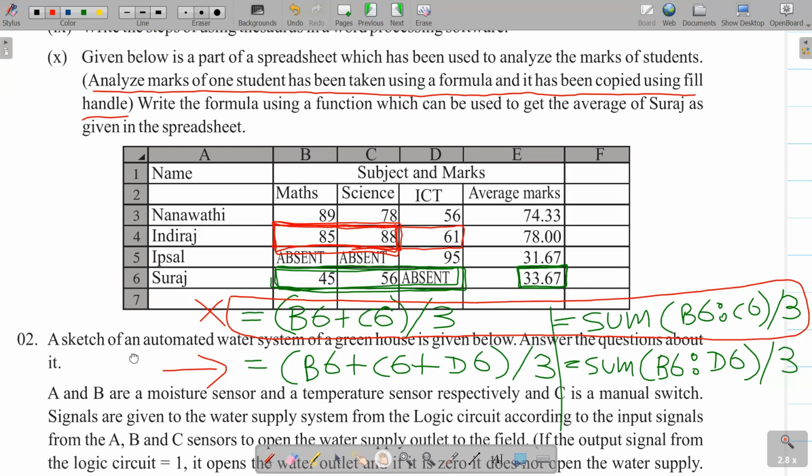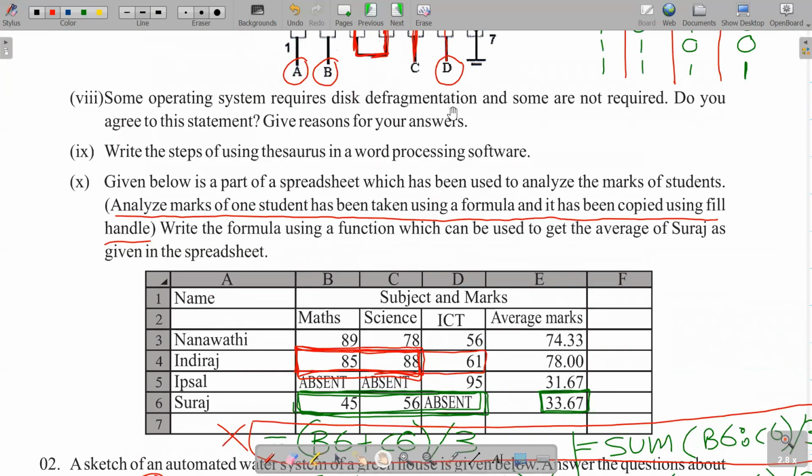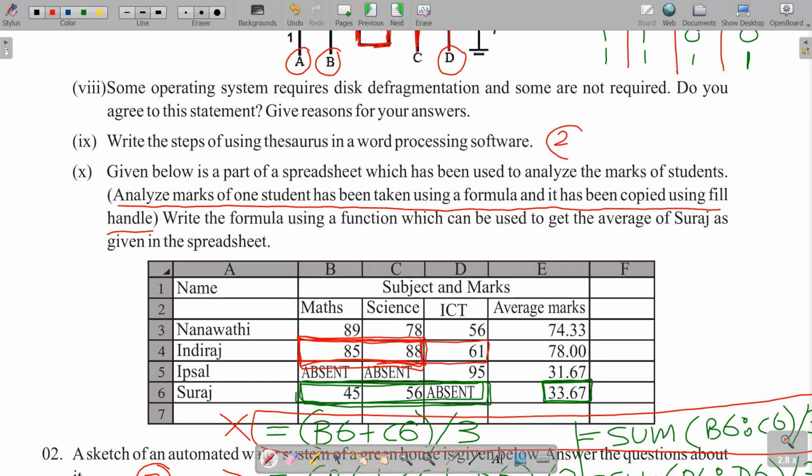This particular one will give you 2 marks, the formula, and writing about the thesaurus will give 2 marks as well, and the 8 you are going to have 2 marks anyway. I asked you not to write it, so just 2 marks. And the truth table, it's going to have 2 marks again. So each and every part is having 2 marks. So see how much you got out of 20, right?